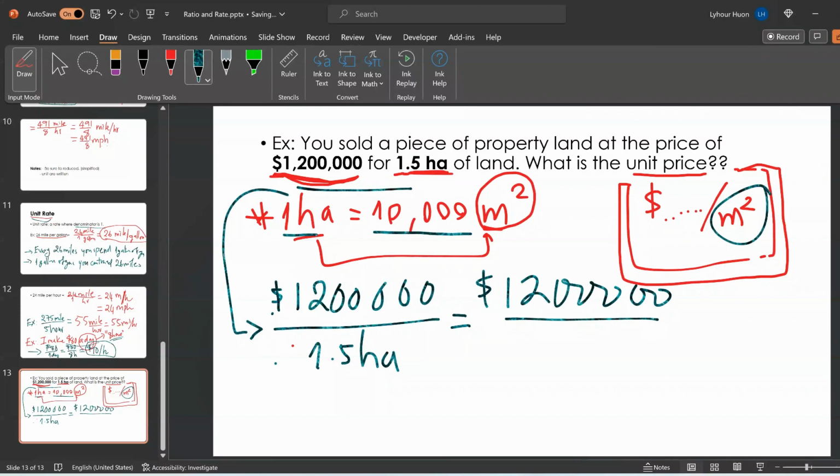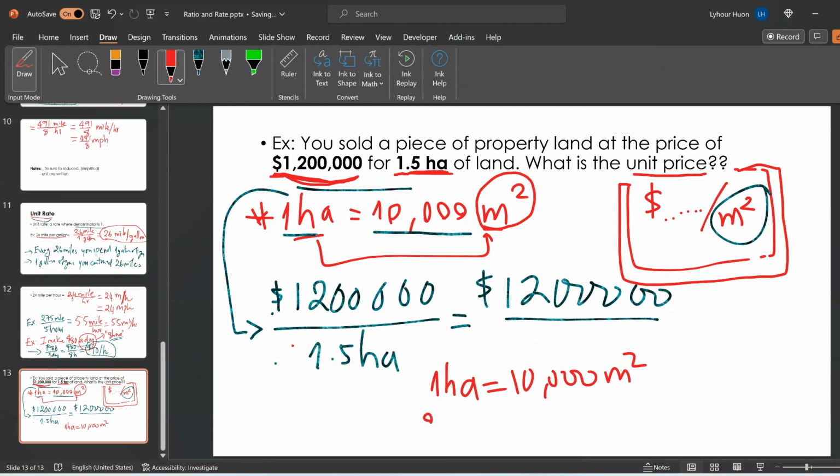Hmm. So, 1 hectare, 10,000 square meters.